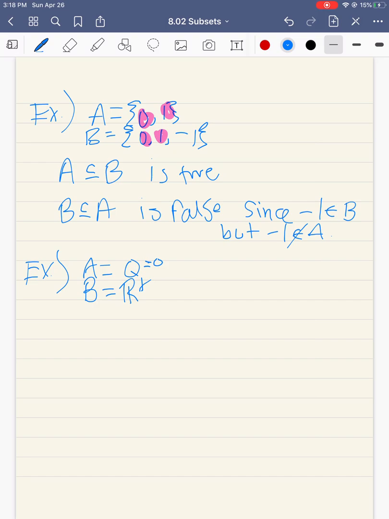So we need to figure out if any of these statements are true, or if any of them are false. So looking at this, I need to think about what is in each of these sets.